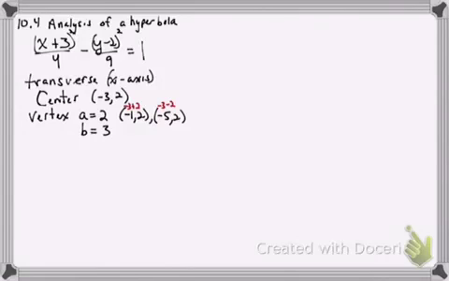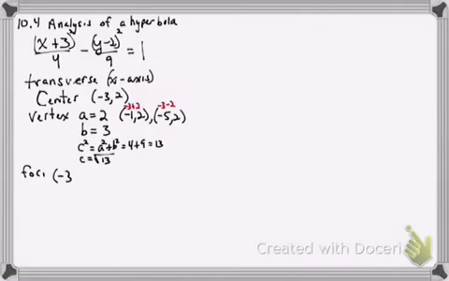And then let's figure out what C is going to be. We know C squared is just A squared plus B squared. So that's 4 plus 9, which is 13. So C will be radical 13. And so when I'm trying to figure out what the foci are, I just add and subtract radical 13 from our x because the transverse axis is the x-axis.